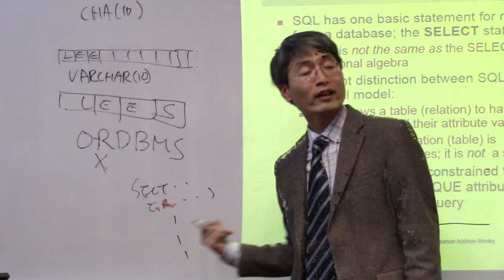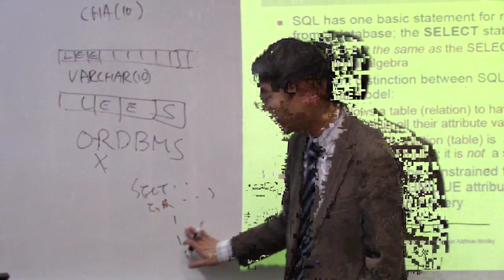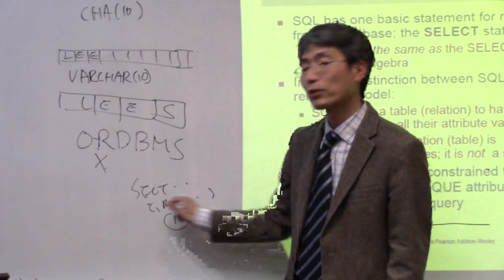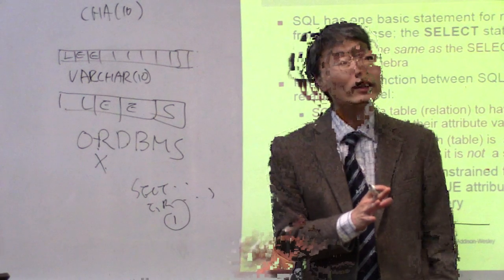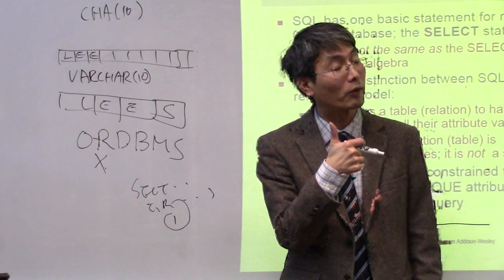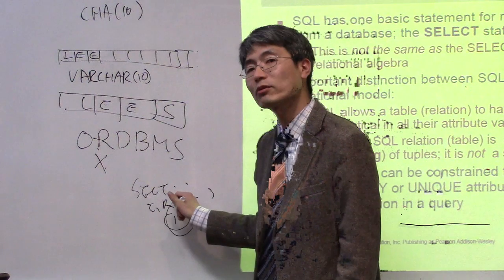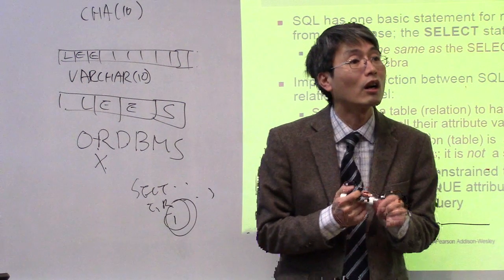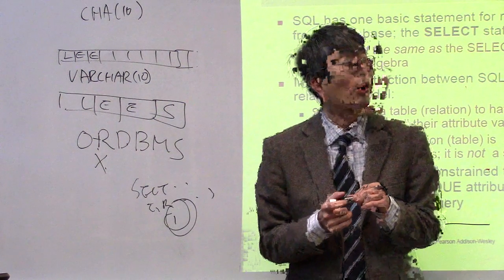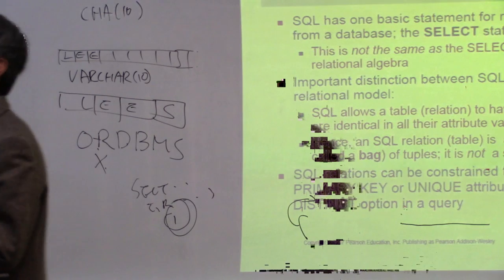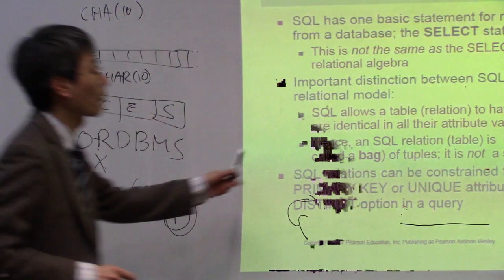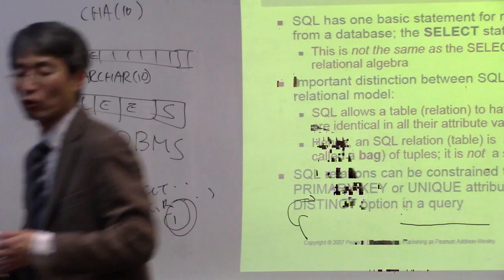Unlike relational algebra, which automatically removes duplicate data and returns only one, because the output of relational algebra is also a relation. On the other hand, SQL is called a bag or multiset. It allows duplicate data.